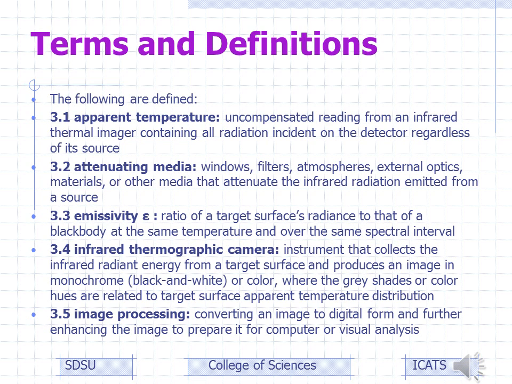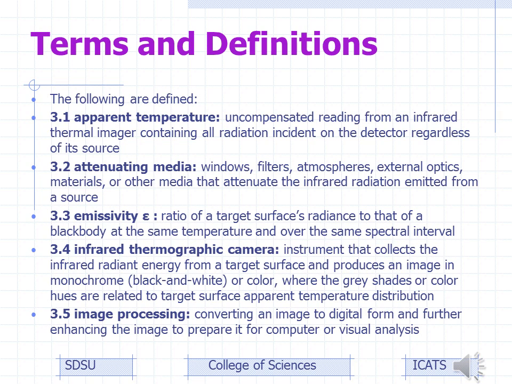Okay, the infrared thermographic camera is defined as an instrument that collects infrared energy from a target surface and produces an image in monochrome, black and white, or in color. The old ones we used 20 years ago were all monochrome. It was all black and white, and it took quite a bit of work to convert those isotherms into numbers and determine how much heat was being lost by this device or this surface.